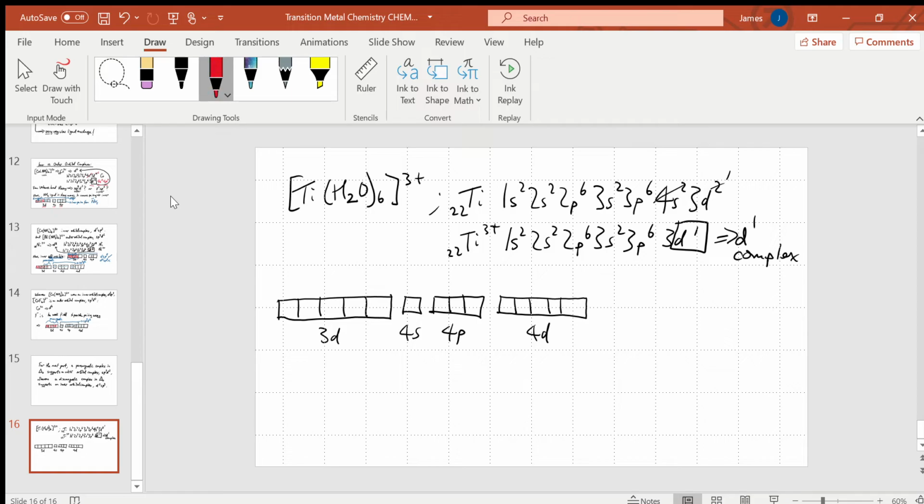Okay, so we've got the single d electron here, and then we've got the 6 water molecules. So we're going to hybridize these to give us our sp3d2 outer complex. And we know this is going to be paramagnetic.